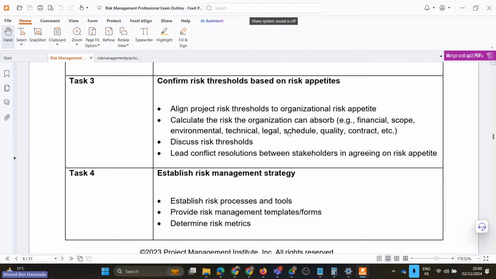Okay. And usually, the project risk thresholds should be aligned with the organization risk appetite. As I said, the OPA. Okay, then how much of a risk can the organization absorb, whether it's financial. For example, imagine the company is intending on investing in a new company, in a new country, but the political situation in that country is not quite stable.